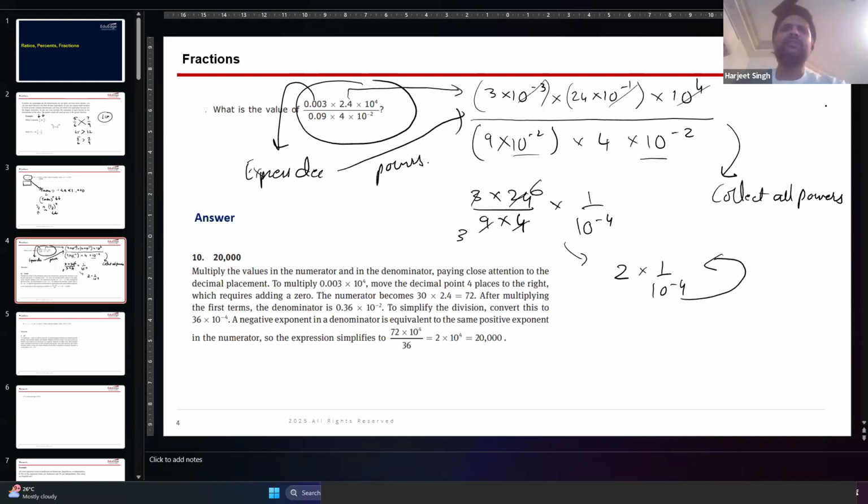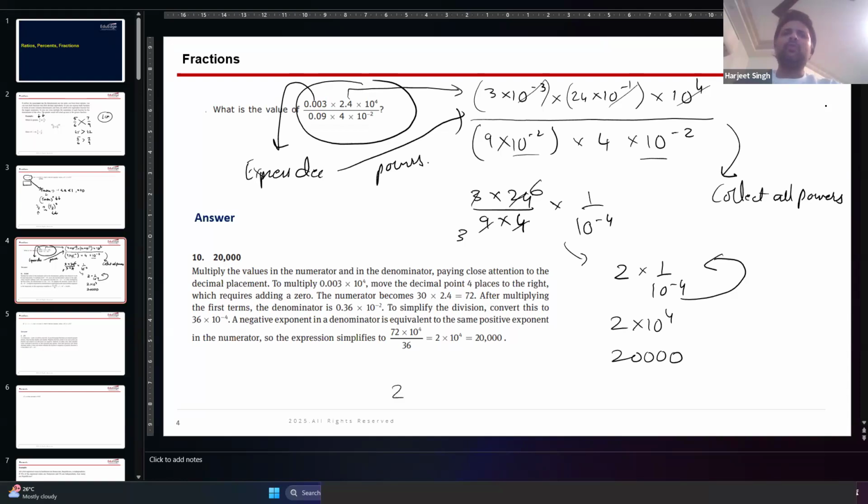When I shift this to the numerator, it becomes 2 into 10 to the power 4, which is 20,000, 4 zeros behind 2. So always 10 raised to n will tell us how many zeros behind the digit.